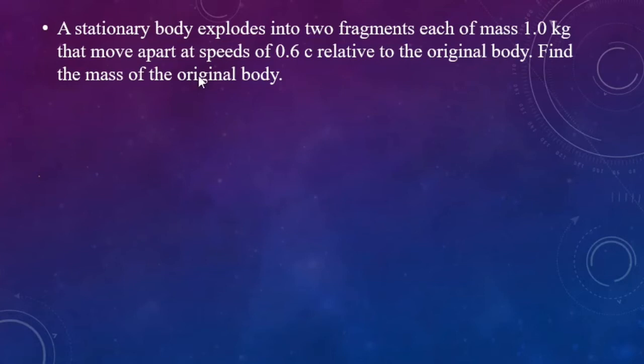In our equation, we have the rest energy E naught equals mc squared, which is gamma mc squared. But in the problem, the body exploded into two fragments, each having a mass of 1 kilogram. So we have two fragments. Let's consider gamma mass 1 c squared plus gamma mass 2 c squared.